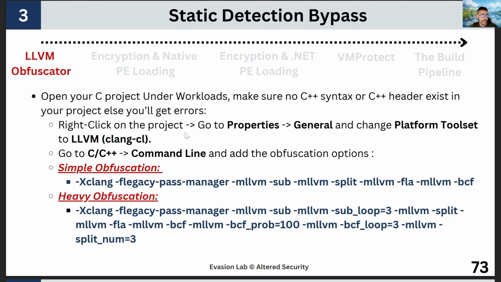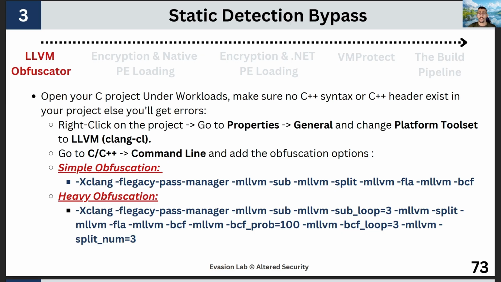Click apply and OK, and go to C++. Go to the command line, and in the additional options field, add obfuscation flags depending on the level of protection you want. For simple obfuscation, we have this command.